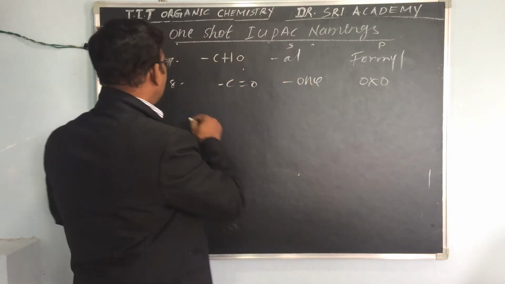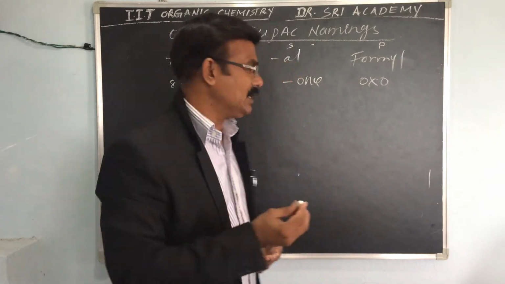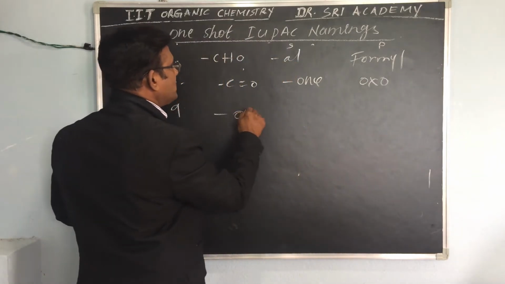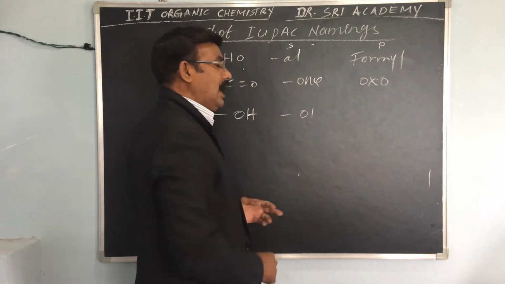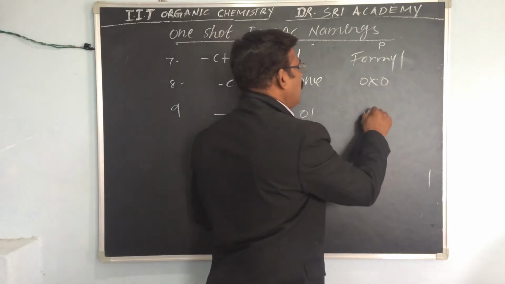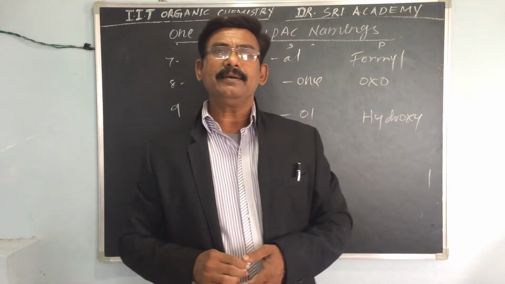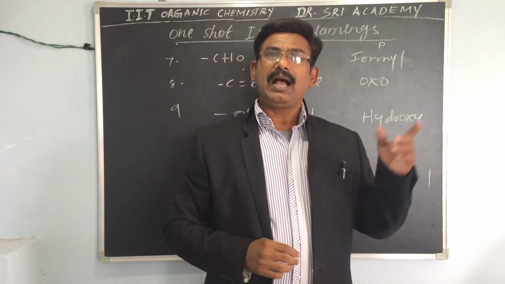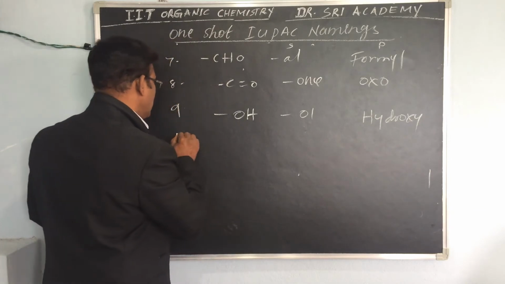And ninth preference is alcohols. Alcohols mean the OH functional group. We know the suffix is ol, and the prefix is hydroxy. And the 10th priority is the SH functional group.